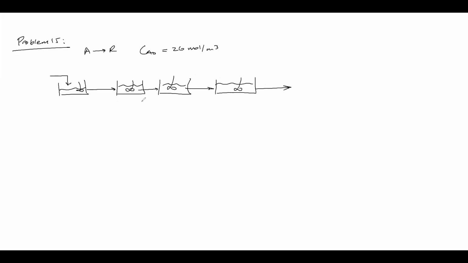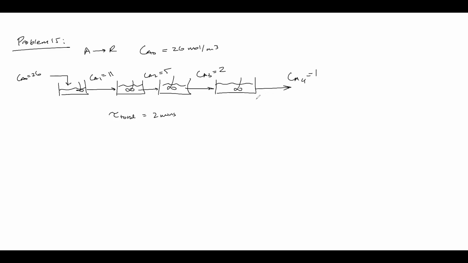The total tau is equal to 2 minutes. Ca naught is equal to 26. Ca1 is 11.5, and so on, and Ca4 at the end is 1.